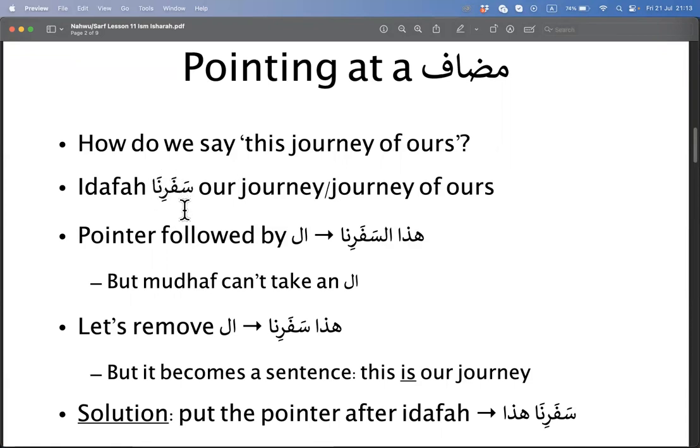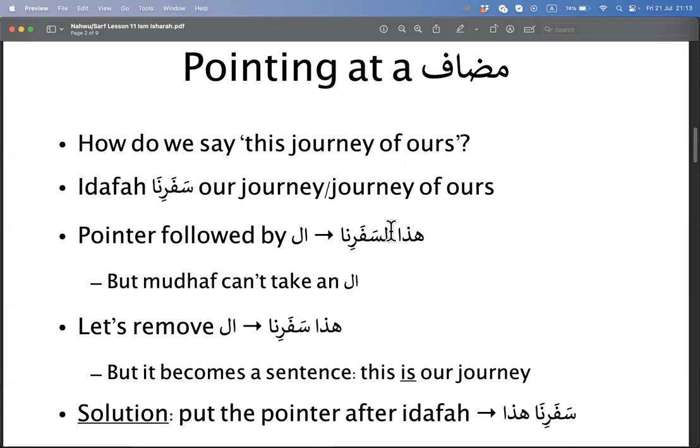Our journey. Safarina. This is an idofa, right? So if we put a pointer on hadha on the front of this idofa, safarina, and we want to make it a fragment, so we add al, right?